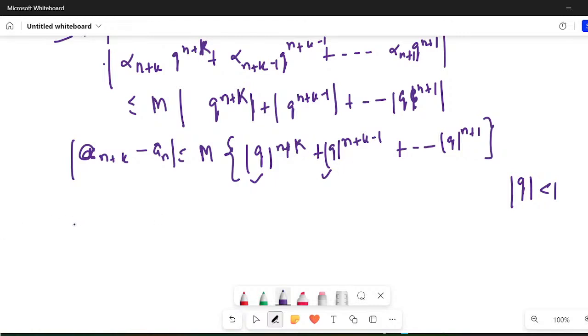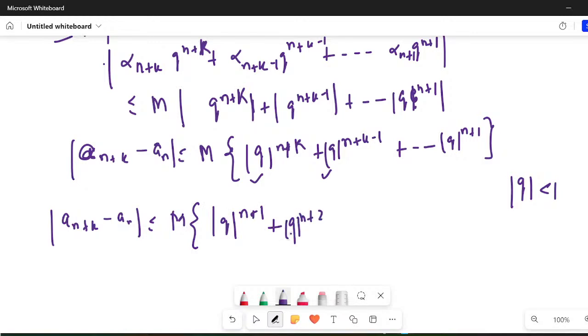So I'll write it in this fashion so that you are able to get it. Again, mod of a n plus k minus a n is less than or equal to m times modulus of q raised to power n plus 1, then q raised to power n plus 2, and so on, up to modulus of q raised to power n plus k minus 1, and the last term modulus of q raised to power n plus k.